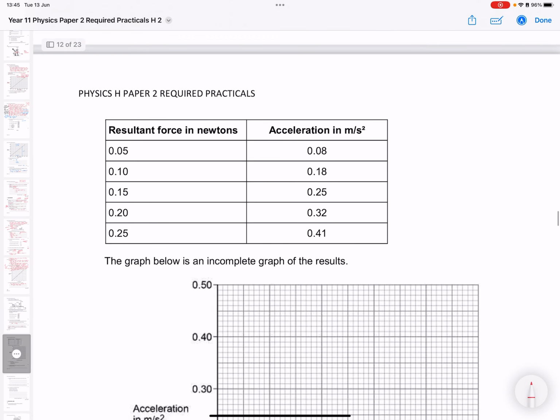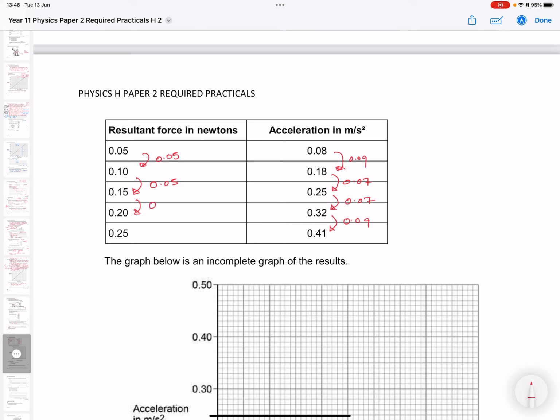See here, they have increased our force by 0.05 newton every time, and the acceleration goes 0.09, 0.07, 0.07, 0.09.